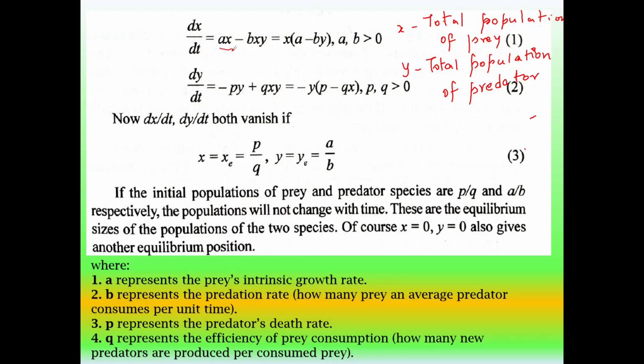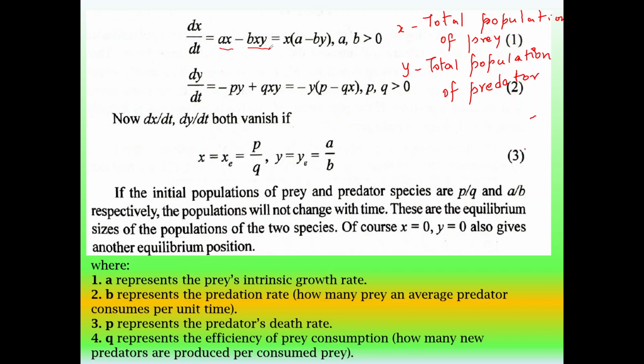So whenever the predator count is increased, accordingly the number of prey will be reduced. Therefore, depending on the birth rate of the predator, whenever there is an interaction between the predator and the prey, the count of the prey will be decreased.